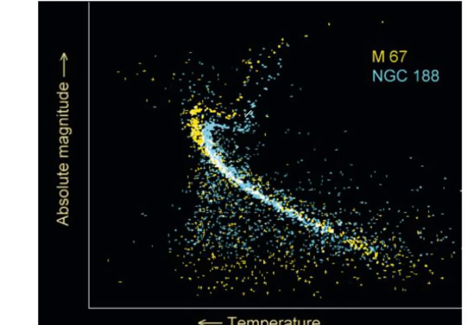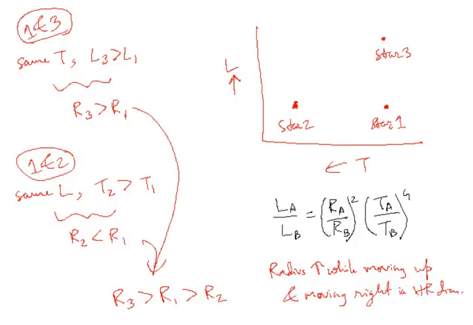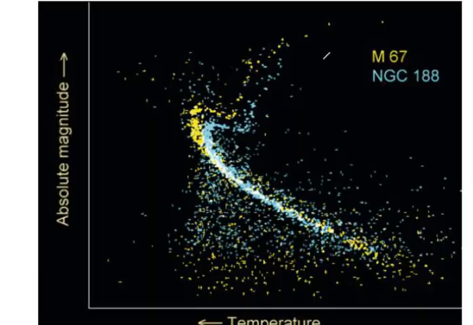So the question is just similar to the previous example that I have shown you, where I considered 3 stars. Now, instead of 3 stars, I am considering 2 star clusters, and then I am showing you the HR diagram.